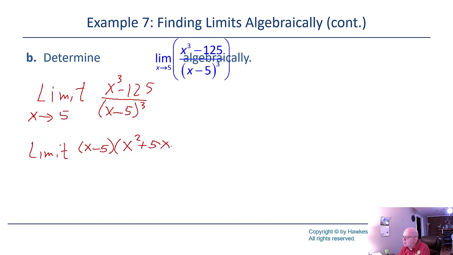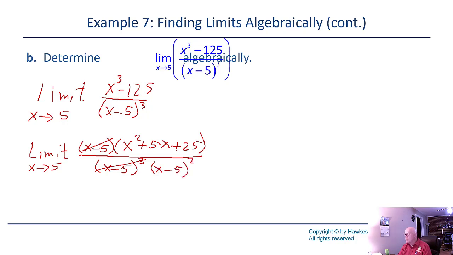The denominator is x minus 5 cubed. So x minus 5 cancels there, with x approaching 5, and in the denominator it cancels one of those, so we still have x minus 5 squared.